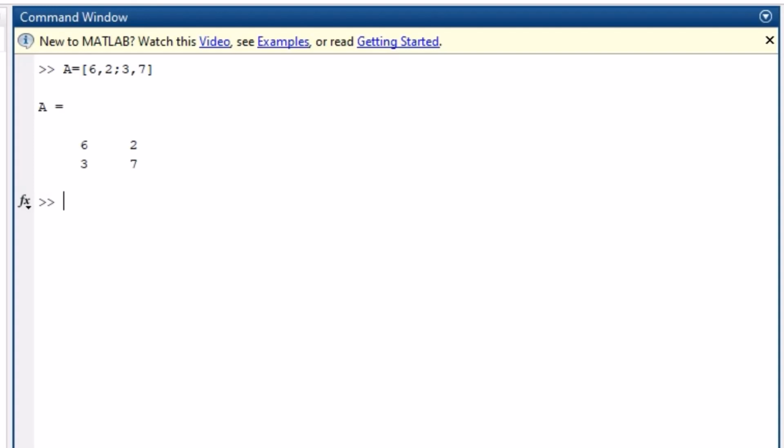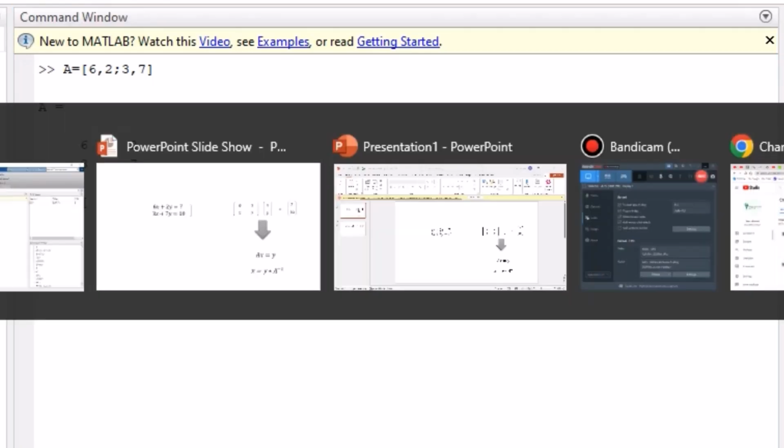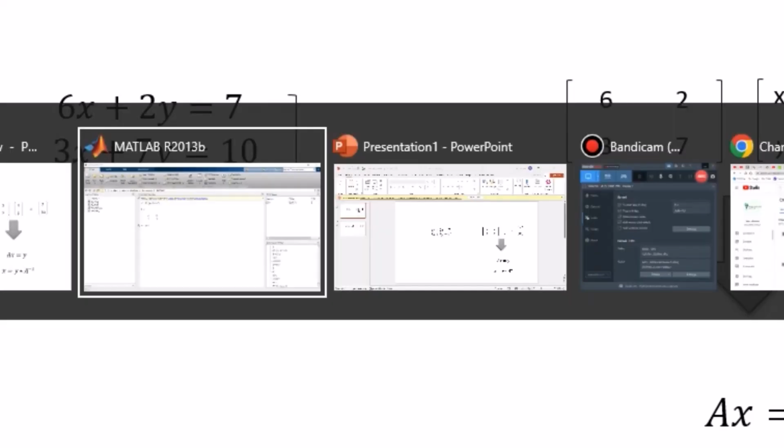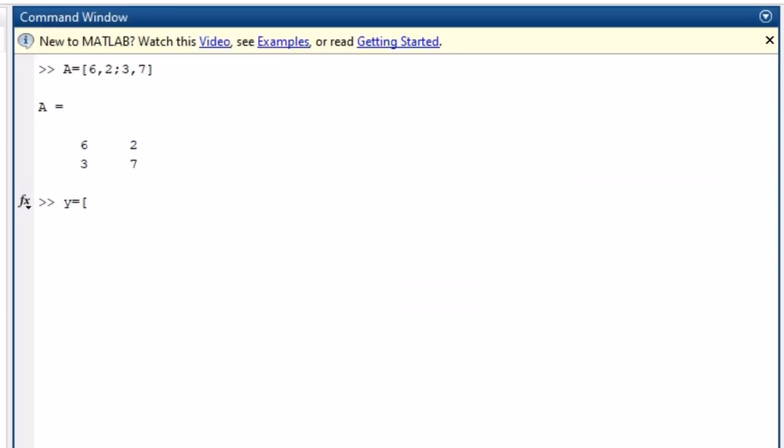So that is the matrix A. And similarly, what is y composed of? So y is basically the column matrix 7, 10.